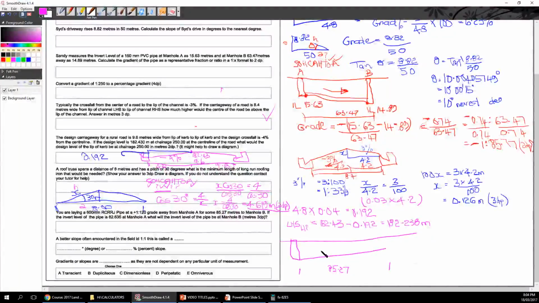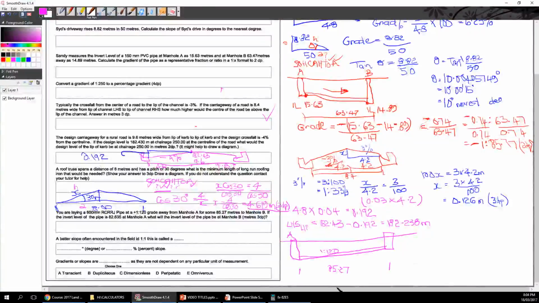And the gradient is 1 to 120, to manhole B. So this is A here. So draw a diagram first, always a good idea. Manhole B. Here's our pipe.